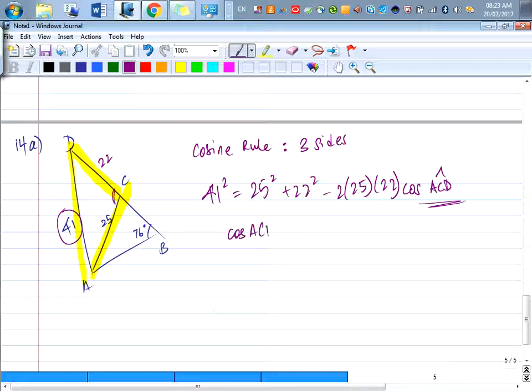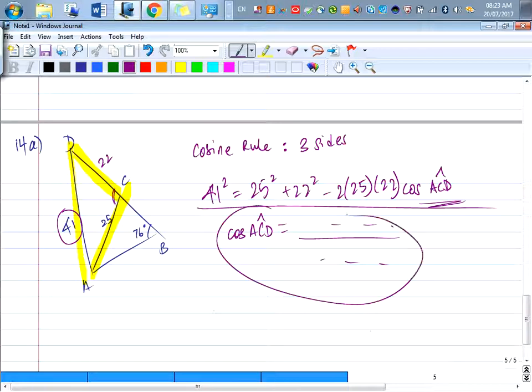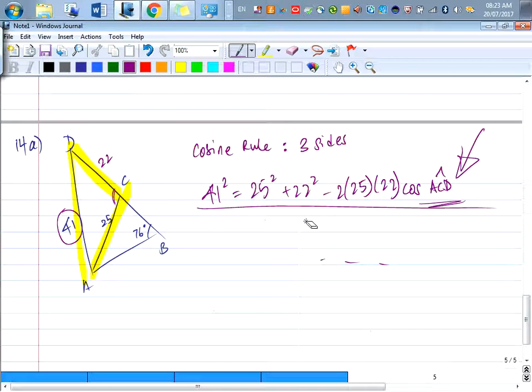So if this is what you want to write, cosine ACD equals to whatever over something, right? Yeah, you can. But like I said, if you are not good at memorizing, then don't do this. However, if you are good at memorizing, yes, you can start with this. So me, not good at memorizing, I prefer to just memorize one equation. Then I will derive myself carefully to get ACD.